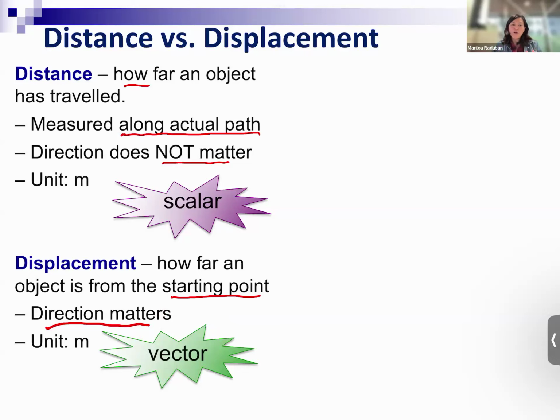And as we go along this course, we will talk more about vectors. But for now, we will just define a vector quantity as something that requires a direction, and a scalar quantity as something that does not require direction. We're measuring how far, the dimension how far, for both distance and displacement, and therefore they have the same unit. They're both measured in meters.